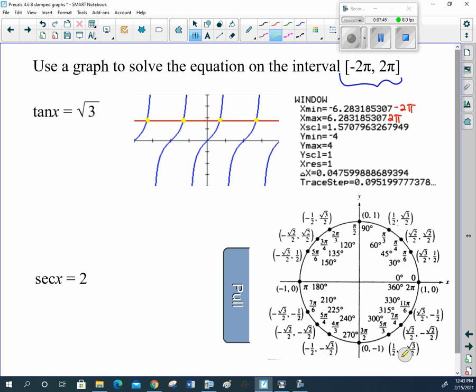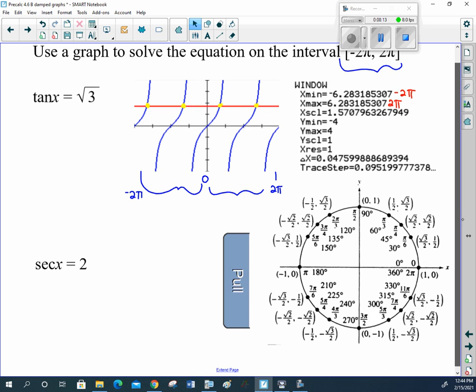Now, on the graph, this is 0, and to here is positive 2 pi. So the solutions in here are when we go from 0 to 2 pi, and the solutions on this side are when you go from 0 to negative 2 pi. So you've got two solutions when you go positive and two solutions when you go negative. So let's see how that looks on the unit circle.